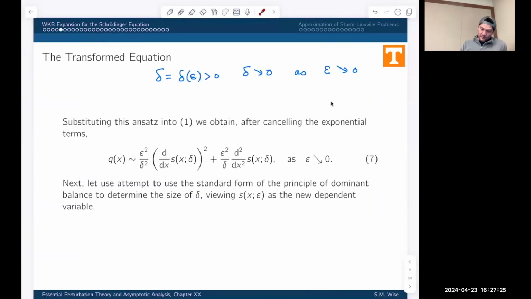So let's just do that. That is this term and this term. We would get epsilon squared over delta squared is equal to epsilon squared over delta. Just solving immediately, you see delta has to be 1.